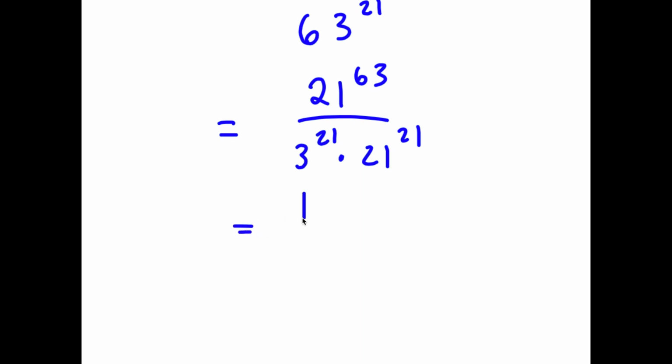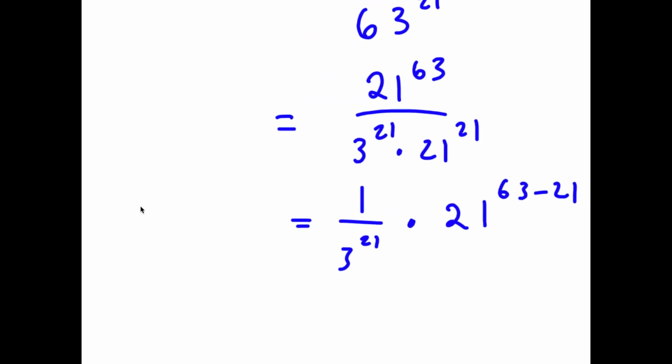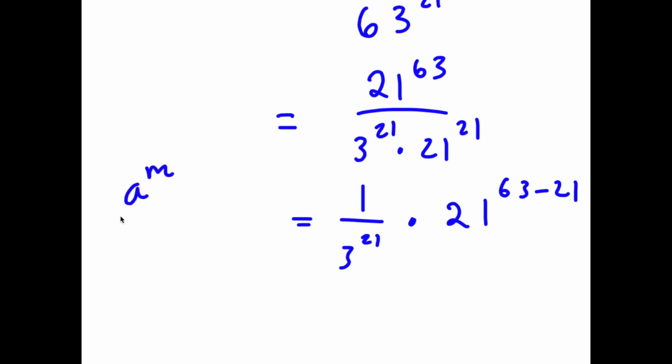Now, this is the same thing as 1 over 3 to the power of 21 times 21 to the power of 63 minus 21. Because if I have a to the power of m over a to the power of n, this is equal to a to the power of m minus n. So in this case, I had 21 to the power of 63 over 21 to the power of 21, so I rewrote this as 21 to the power of 63 minus 21.